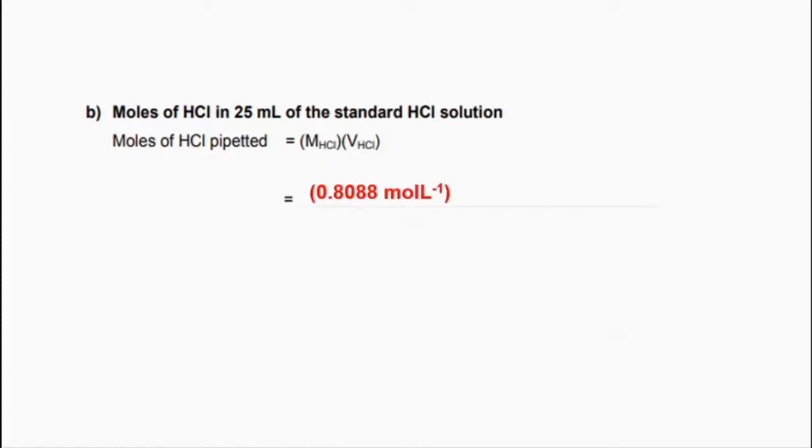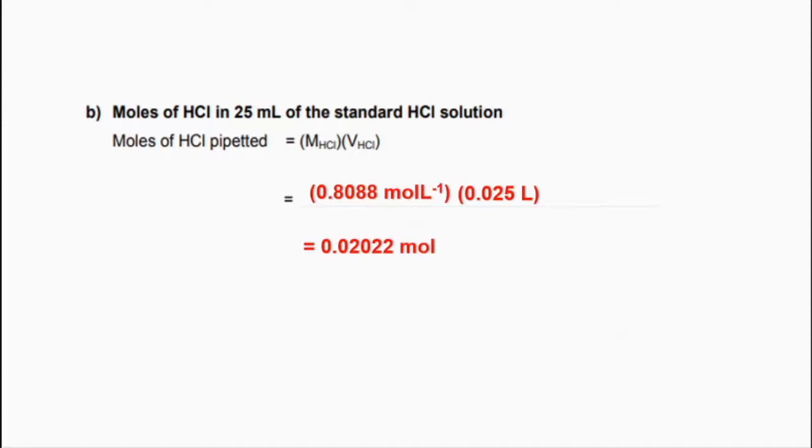The molarity that we determined just now, 0.8088 moles per liter, times the volume of acid, 0.025 liters, gives 0.02022 moles of HCl. You might wonder why we need to determine this mole. If you still remember, in this experiment, we did the titration twice. The first titration for part A used the same HCl solution in the conical flask.